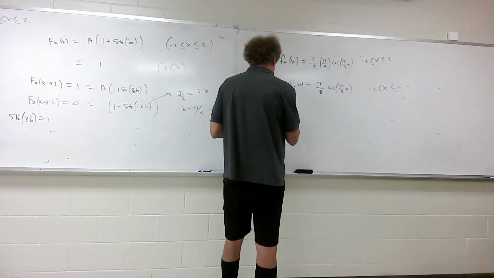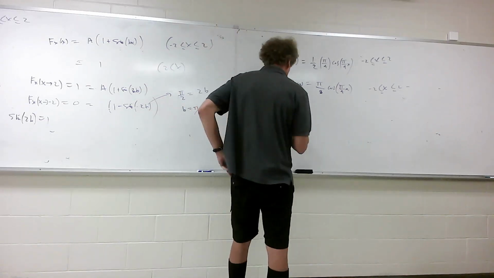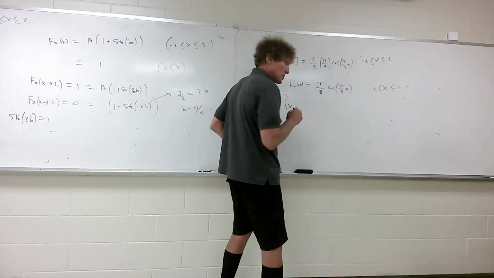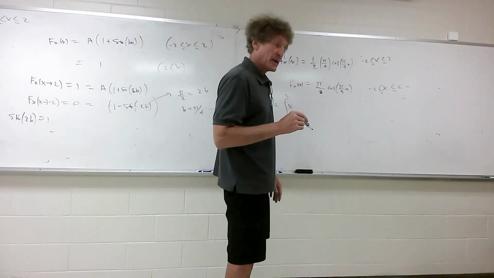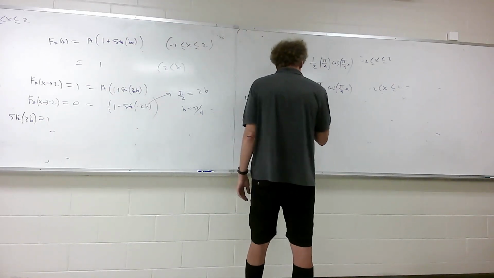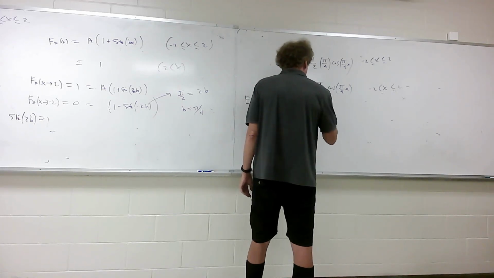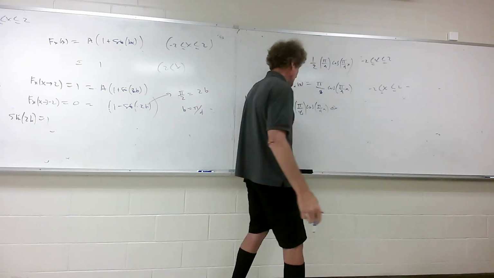Mathematically, it's the integral over the entire range, in our case minus 2 to 2, of x times the density function, pi over 8 cosine of pi over 4x dx. Do you agree with that?